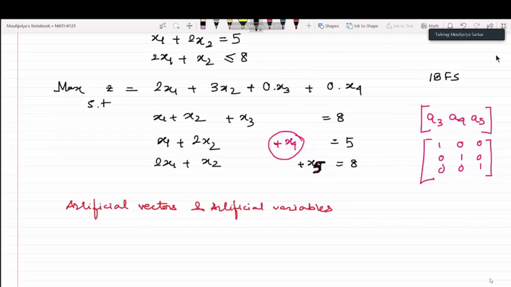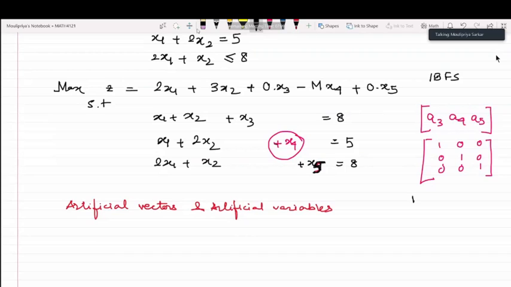What did I say? I said that since x4 is coming out of nowhere, and our motive is to get rid of x4 at the earliest from that initial basic feasible solution of ours, what we do is we associate a very large negative value as the cost parameter of x4, and we are going to rewrite this objective function as minus M x4 plus 0 into x5.